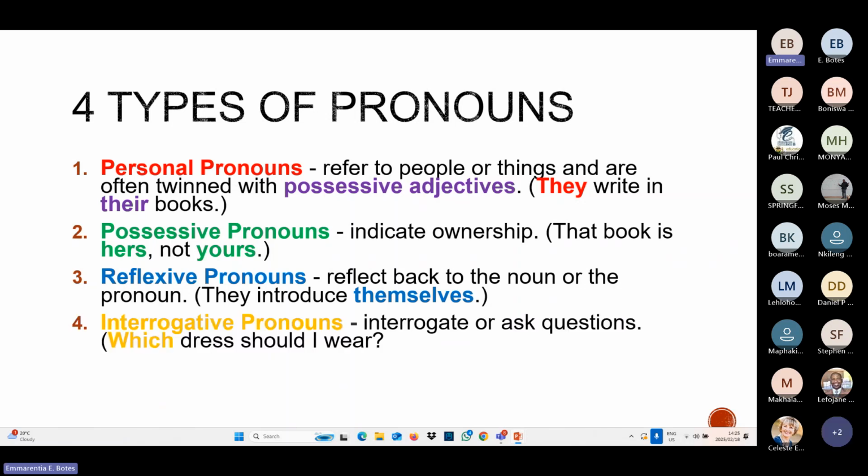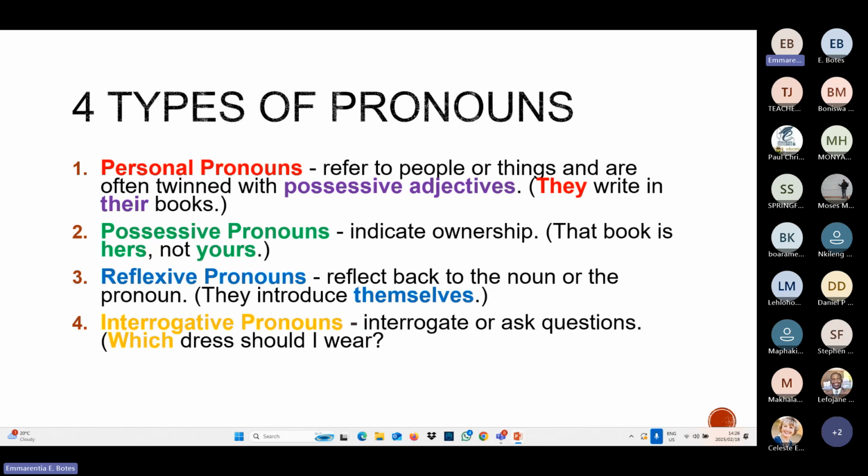The last one we looked at, interrogative pronouns. They interrogate or ask questions. An example, which dress should I wear? Which will be then the interrogative pronoun.